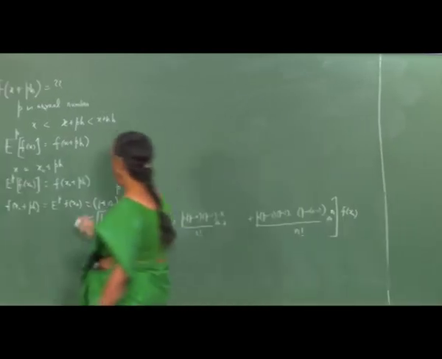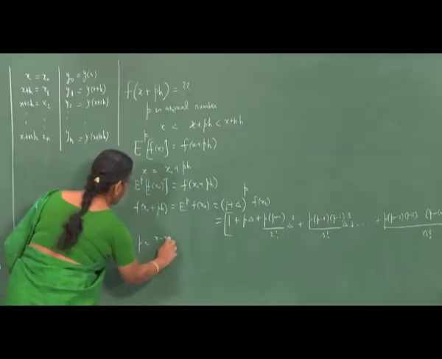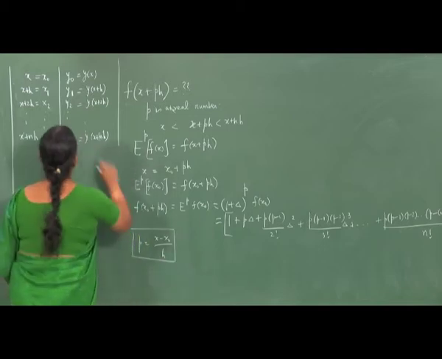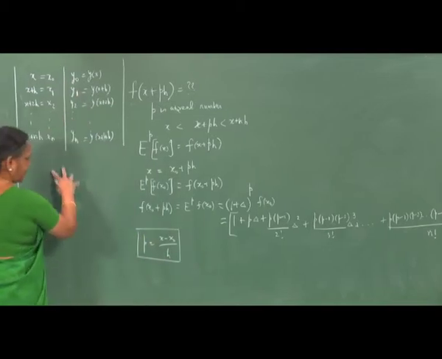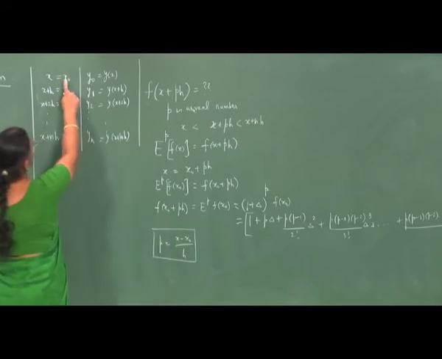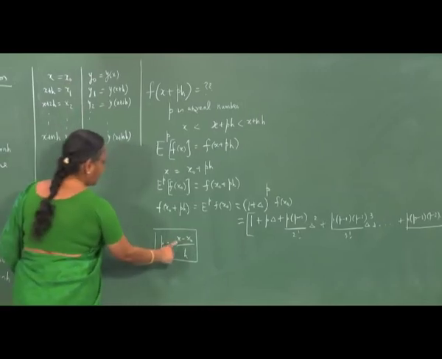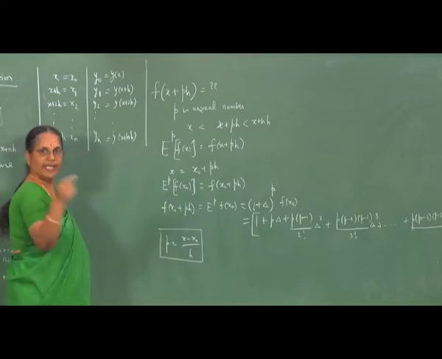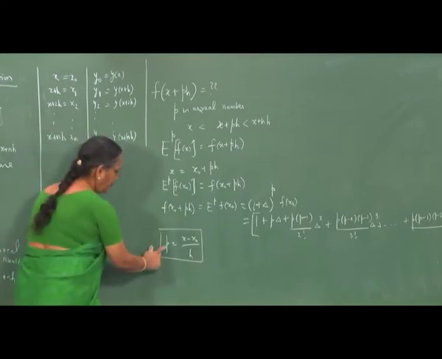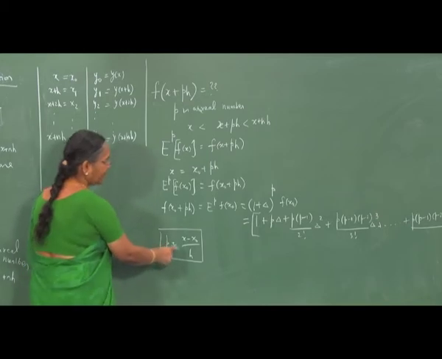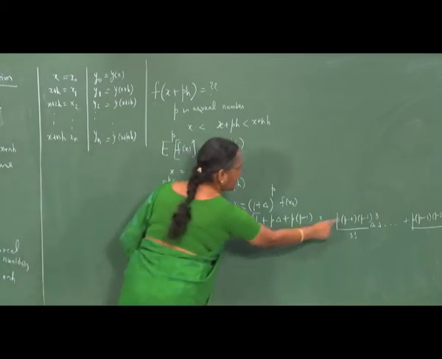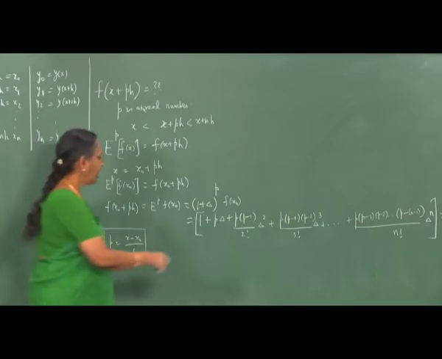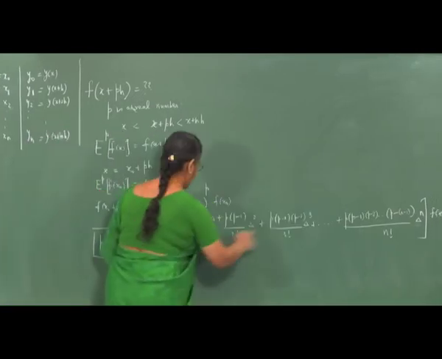What is p here? p is x minus x naught divided by h. Given the information, I know what x naught is, and the x at which I require the function value will be given to us. So, I compute what p is and substitute it in this expression, and then get all these forward differences.